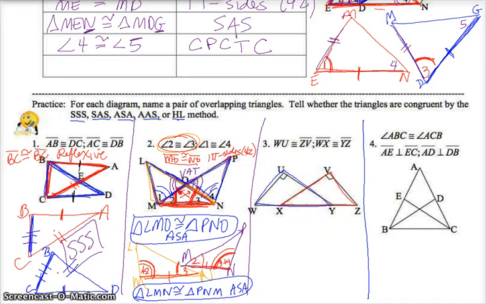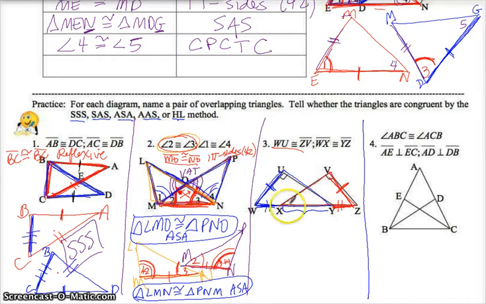So let's mark what's given. Well, I know that WU is congruent to SZV. And I know that WX is congruent to YZ. Oh, those are just little pieces there. And then I can see that XY is shared in both of them.